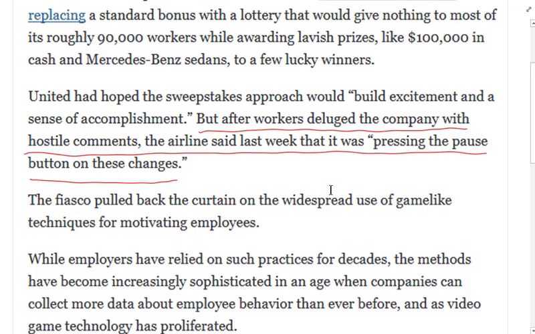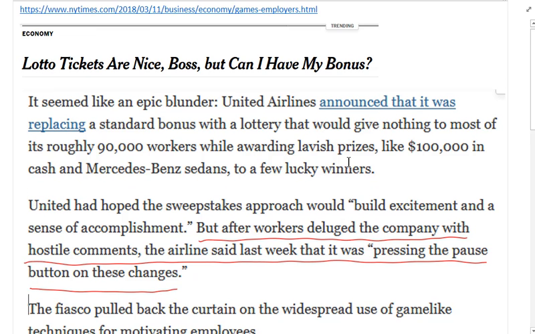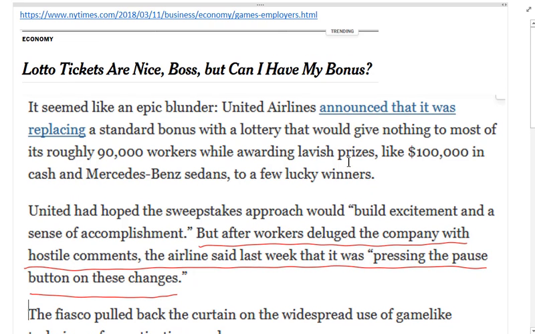How about that? This shows the isolation, I think, of some of the decision makers in a big corporation. Not only with the workers, but perhaps also with the customers. I mean, do these United Airlines people in the C-suite fly coach on their own airline much? Maybe they should. And they'd see how their policies affect their customers too.